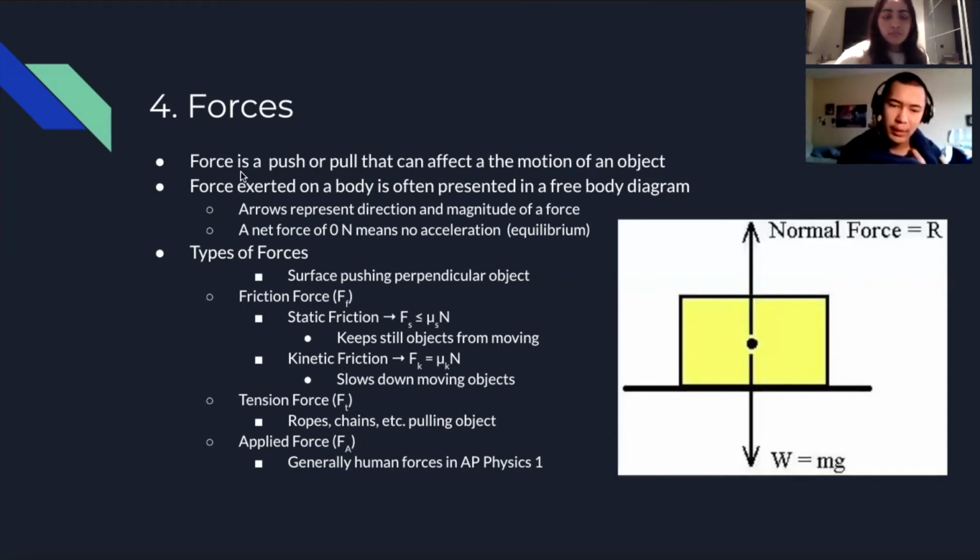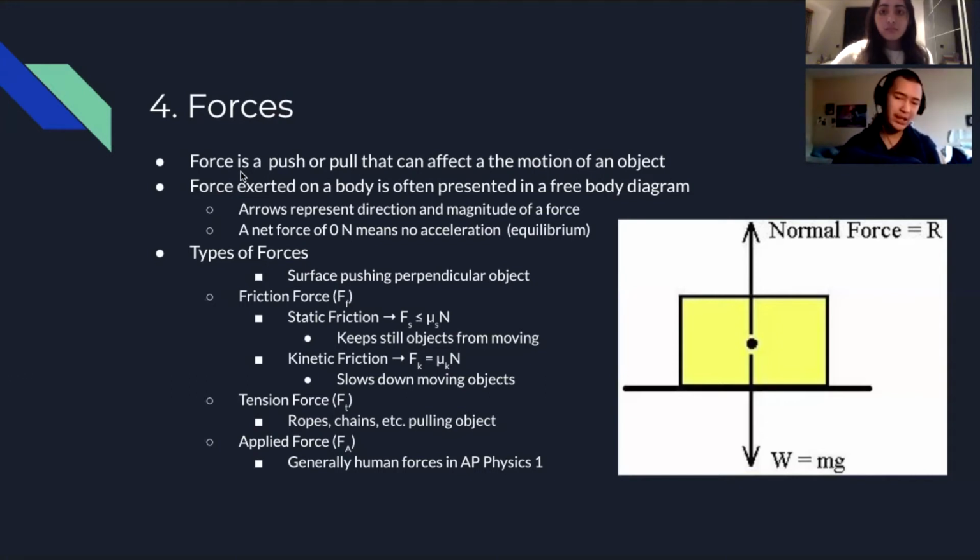We also learned about friction, namely static friction, which is what keeps an object from moving, represented by F sub s is less than or equal to mu sub s times n. The reason why we have a less than or equal to sign is because static friction continues to increase and increase until it can't anymore.